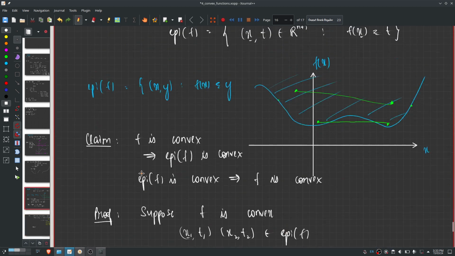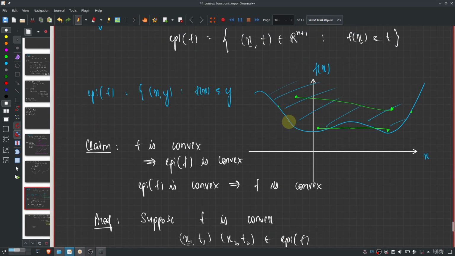For a given alpha, a sublevel set is essentially an interval. Intuitively, if you look at the set of all alpha comma this particular interval, and the union of all of these intervals, that would give you the epigraph.